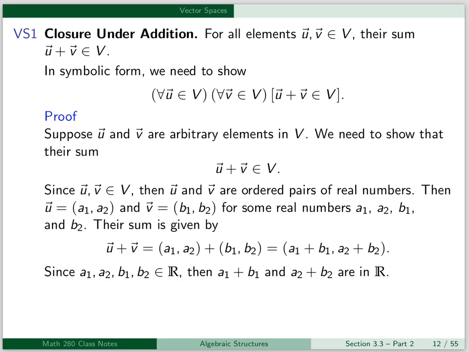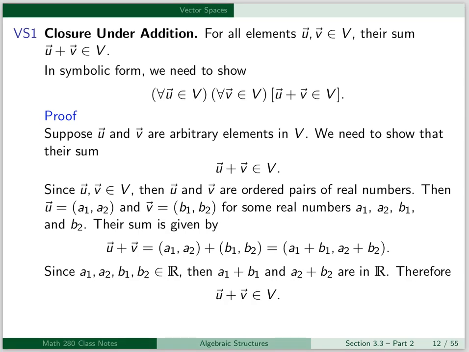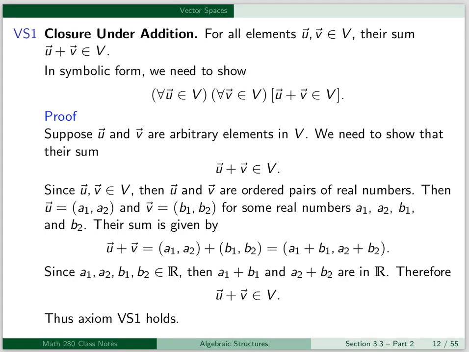Now since a1, a2, b1, b2 are all real, then a1 plus b1 and a2 plus b2 are also real numbers. And therefore the sum, u plus v, is an ordered pair of real numbers, so belongs to V. And thus axiom VS1 holds.